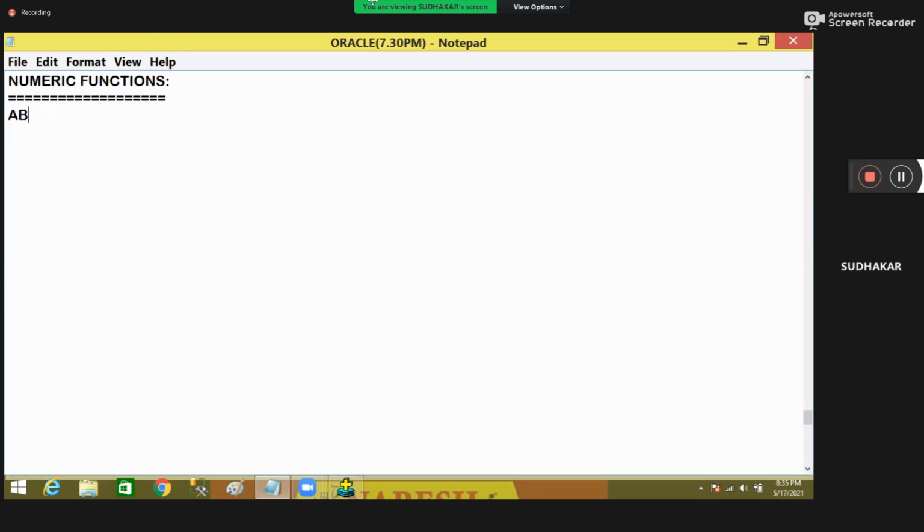In numeric functions, the first function is the ABS function. ABS is called the absolute function.